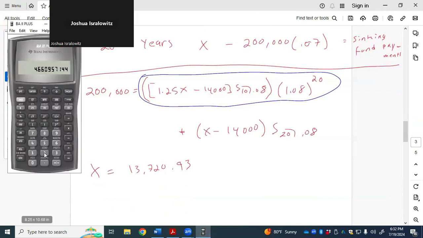So what do I mean by that? 14,000 payment, 10 N, 8 interest, compute future value, 202,811.8745 times 1.08 to the 20th. Store this in the one spot. Make sure I did this right. Big number, but it's fine.